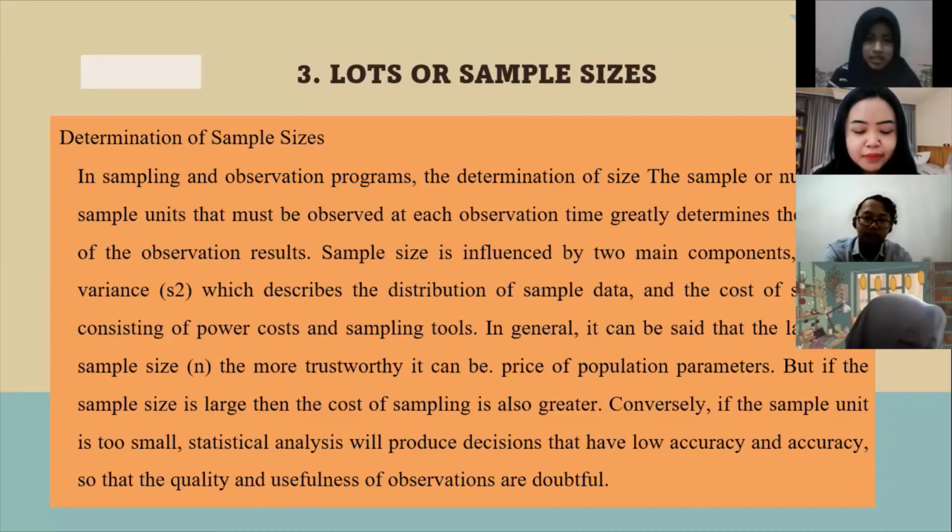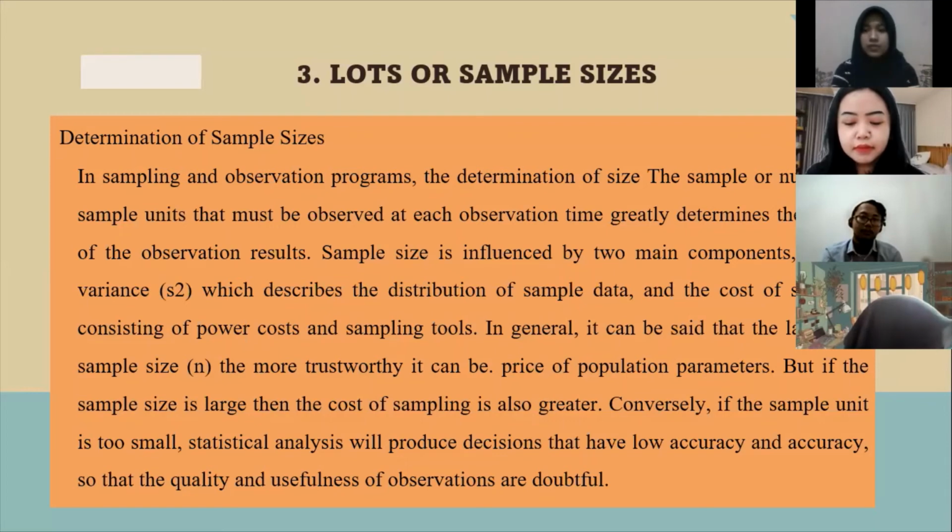Number three, lots or sample size. Determination of sample size. In sampling and observation programs, the determination of the size of the samples or number of sample units that must be observed at each observation time greatly determines the quality of the observation results. Sample size is influenced by two main components, namely variance, which describes the distribution of sample data, and the cost of sampling consisting of power costs and sampling tools.